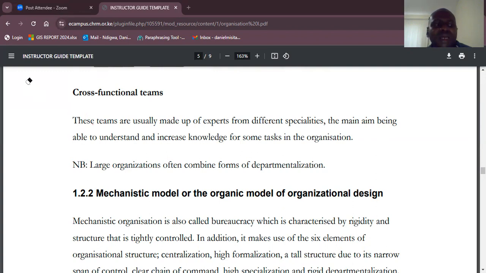For example, if you are in the marketing department, or if you are in the procurement department, you will be brought together so that you work for a common goal within the organization.